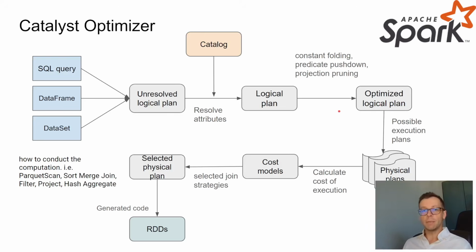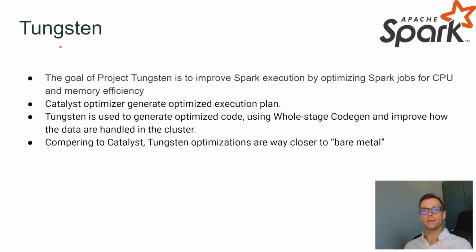With the optimized logical plan, it generates different possibilities to execute that plan, including different strategies to perform joins, and then calculates the cost model for each of them, checking how much data will be read with each physical plan, how much network movement will be done, or how complex the computations are. So it calculates the cost model for each physical plan, and then it selects the most optimum physical plan, and voila.